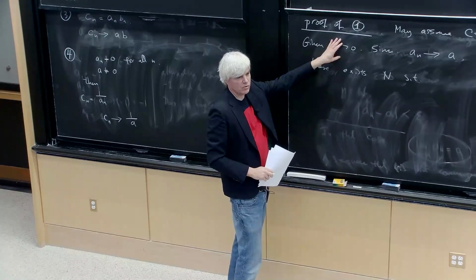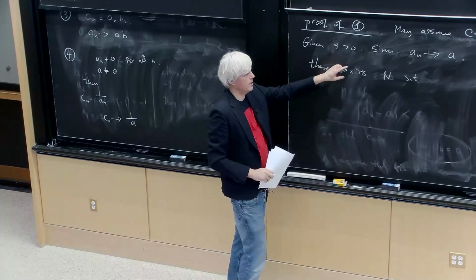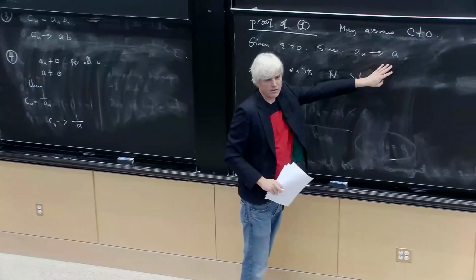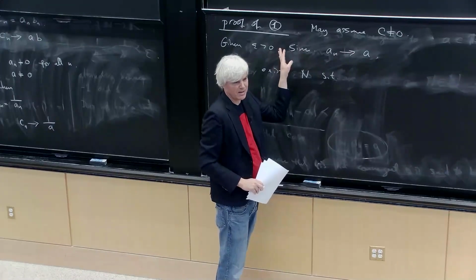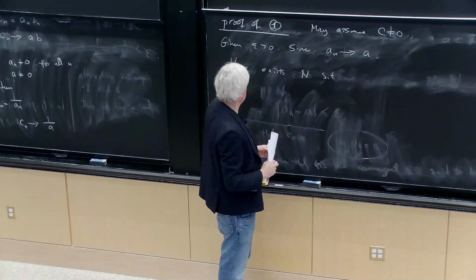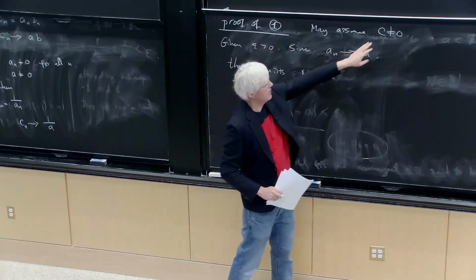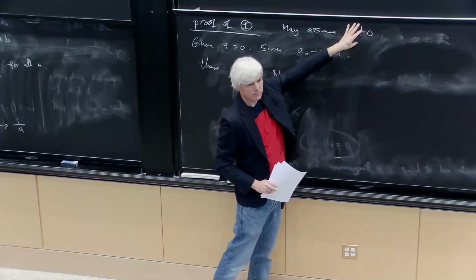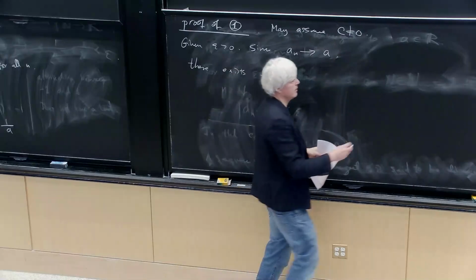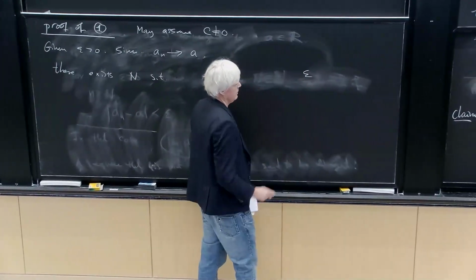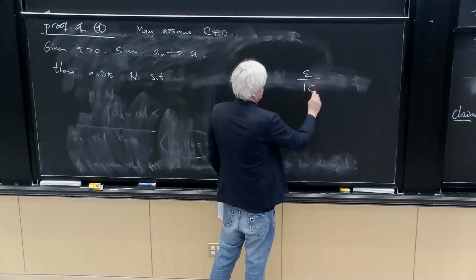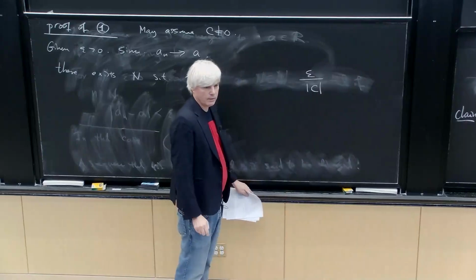I'm not going to use that epsilon in the definition that a_n is converging to A, but I'm going to use one that is closely related. I'm going to use epsilon divided by the norm of C, because that's another positive number. So you gave me an epsilon, I'm going to look at this number here.